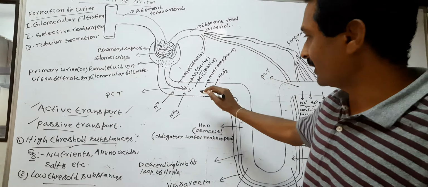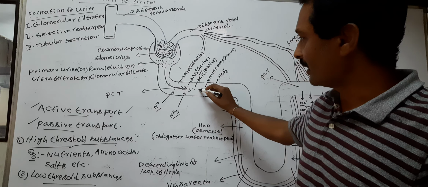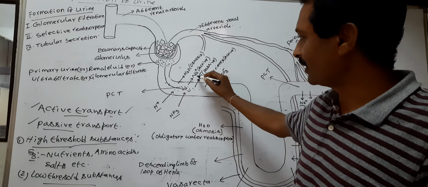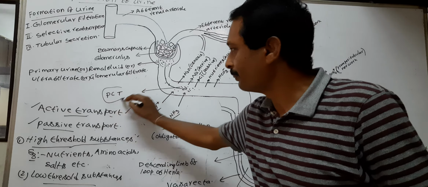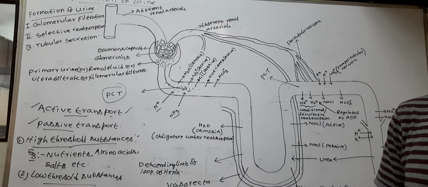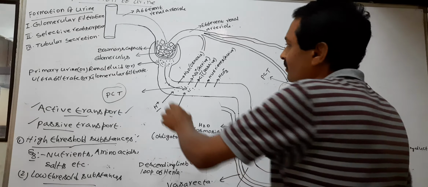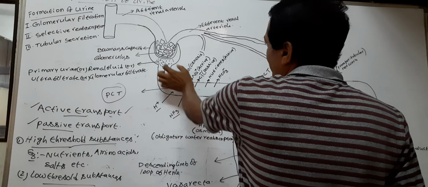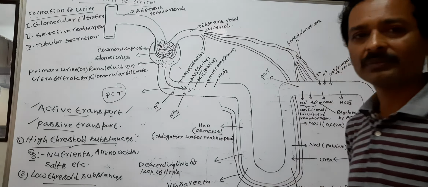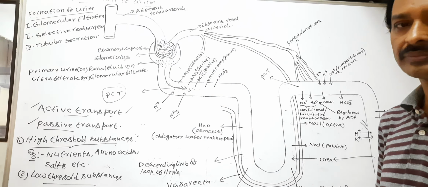So most of the contents are reabsorbed from primary urine into blood through the wall of the PCT, or proximal convoluted tubule. So now the primary urine enters the PCT from the lumen of the Bowman's capsule.